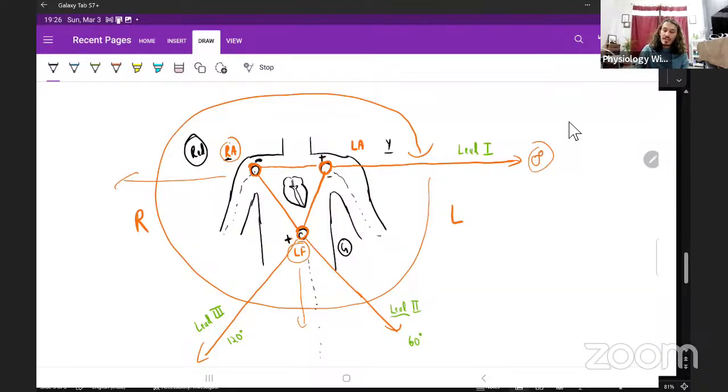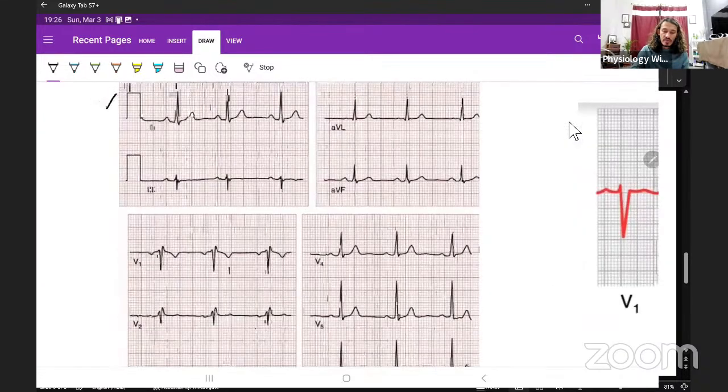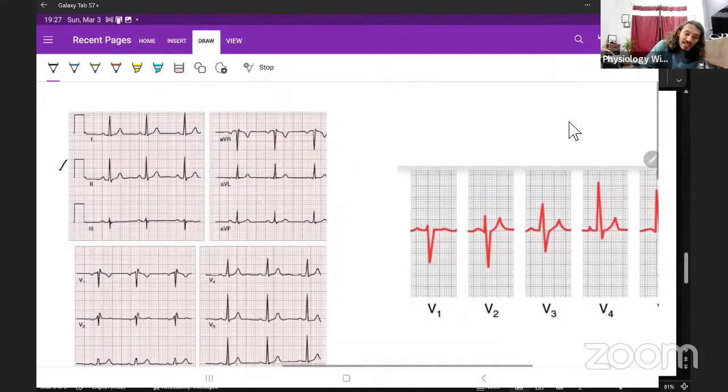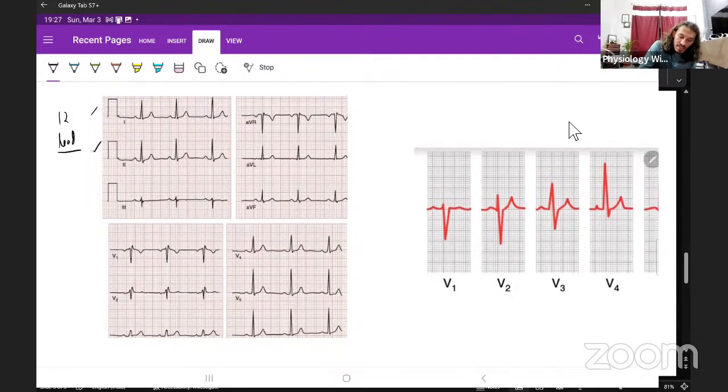Generally, if you look at an ECG, it's going to be like this, which is a 12-lead ECG. So we have a 12-lead ECG now. This 12-lead includes lead 1, 2, 3, which we just saw, which are examples of bipolar limb leads.